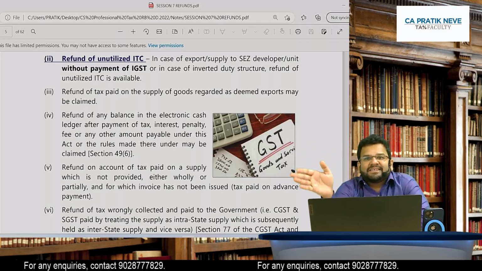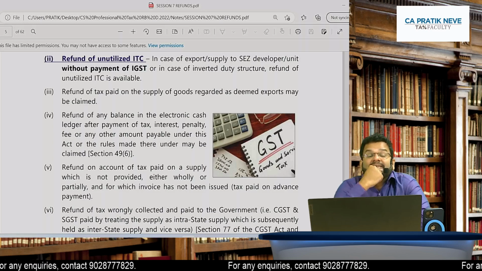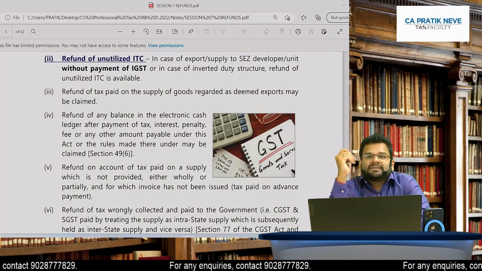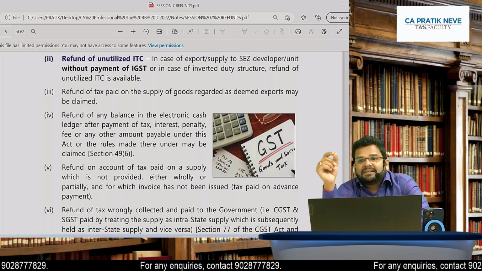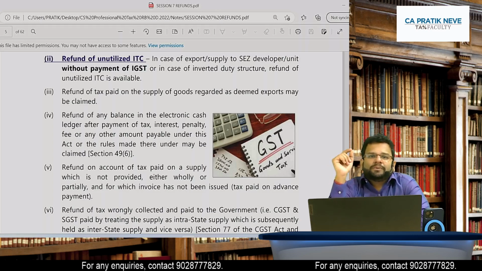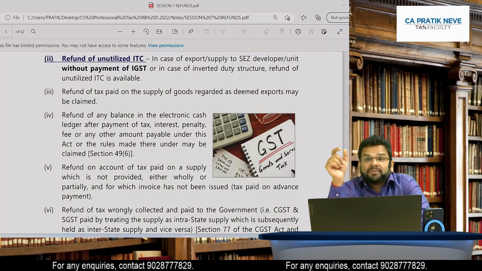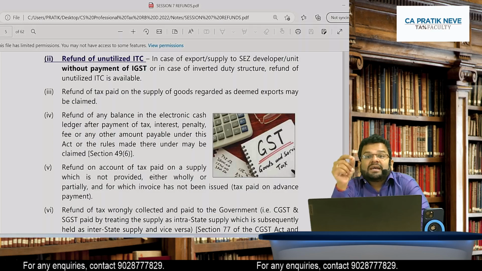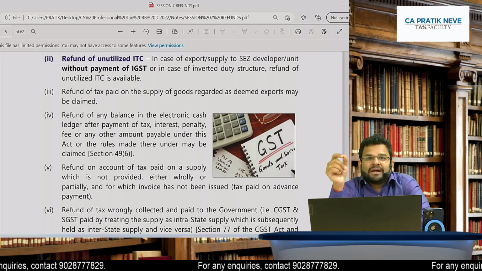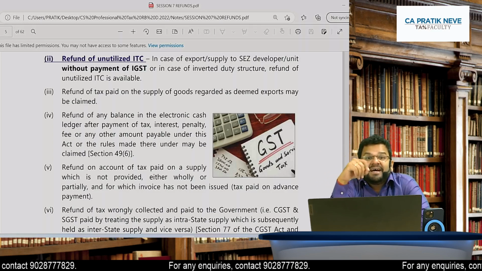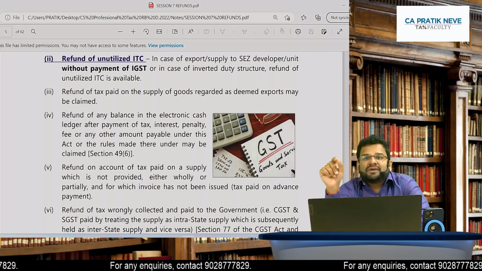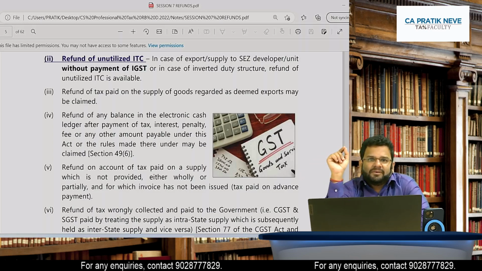Now when she is exporting the goods, she is not charging any output tax because it's a zero rated supply. Output tax is 0, but ITC which is available is 18,000 rupees on her purchase. Of that 18,000, she can claim refund. Agreed? Output tax 0 minus ITC 18,000, net GST payable, in bracket refund, is rupees 18,000. Understood, all of you?